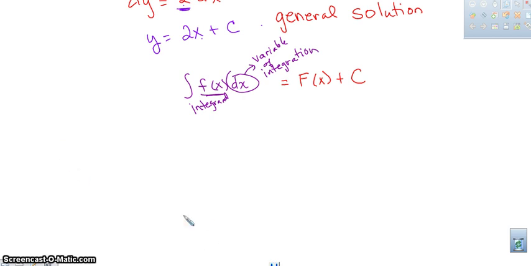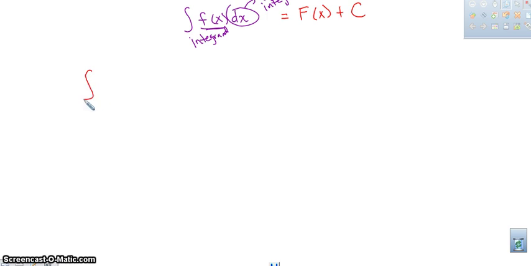Actually, before I do that, let me show you something real quick. Let's say I'm going to integrate 4x cubed minus 1 over x squared dx, and I tell you that that equals x to the 4th plus 1 over x plus c. So I'm giving you the answer. How can you make sure that's true?